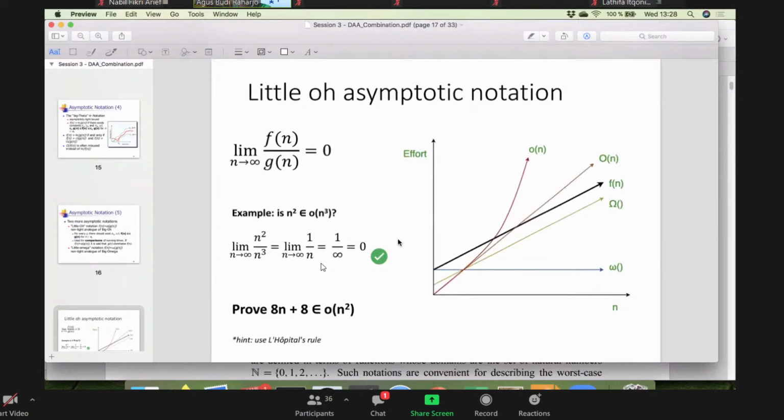And actually, I have this question. Prove that 8n plus 8 is an element of little o of n squared. So by applying what we did here, try to prove it. I will give you 5 minutes. The first answer will get the point.